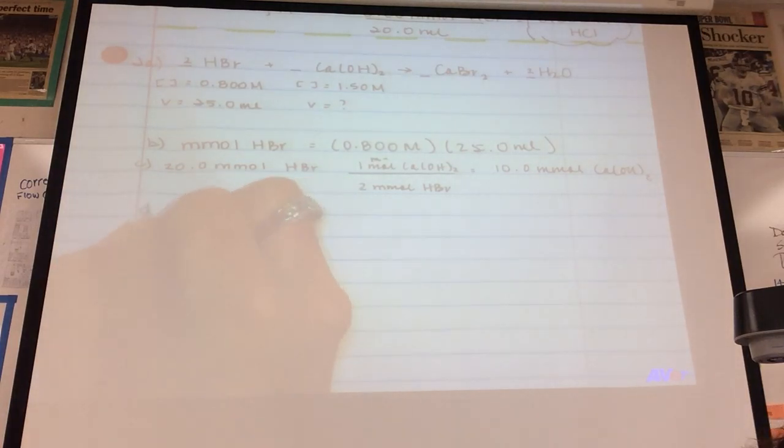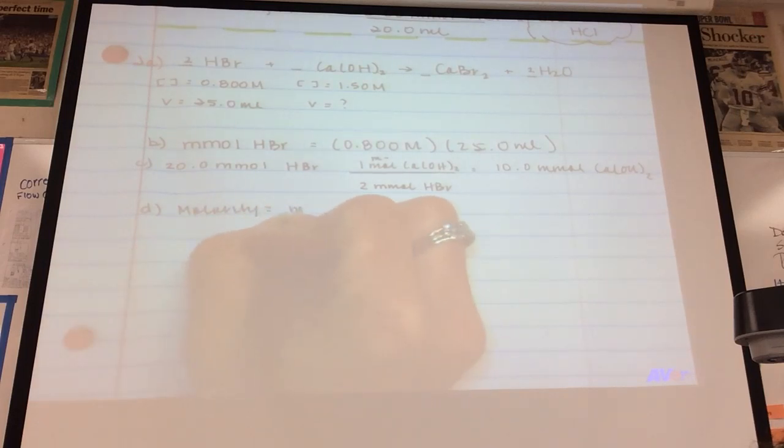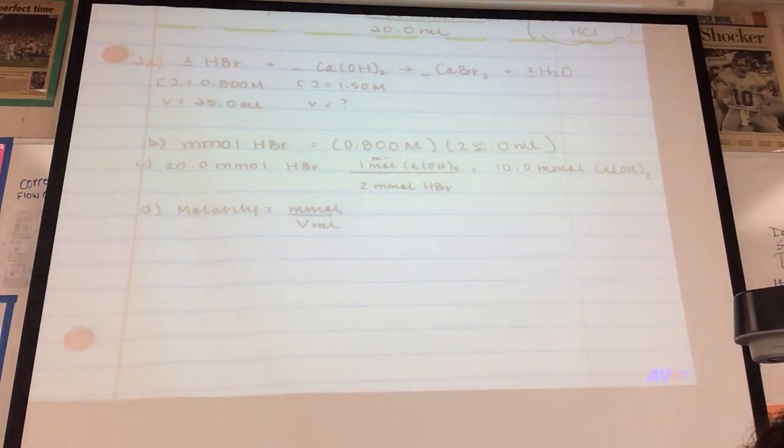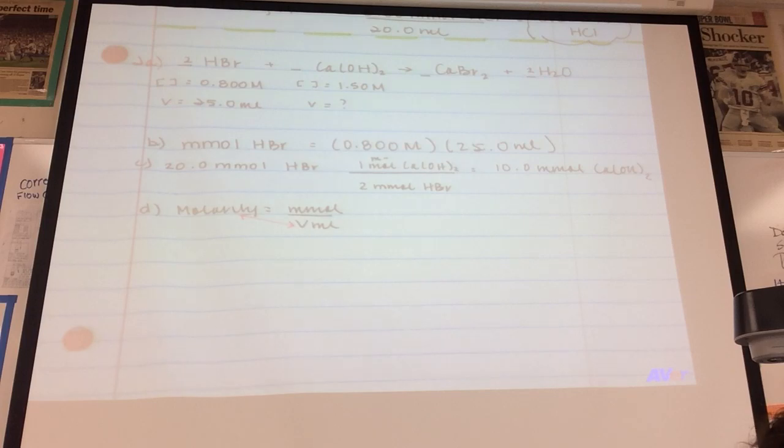And then on D, don't let this be confusing to you. You know that molarity is millimoles over the volume in mils. So if they ask for volume, you know how to interchange a numerator on one side of the equation with a denominator on the other side.